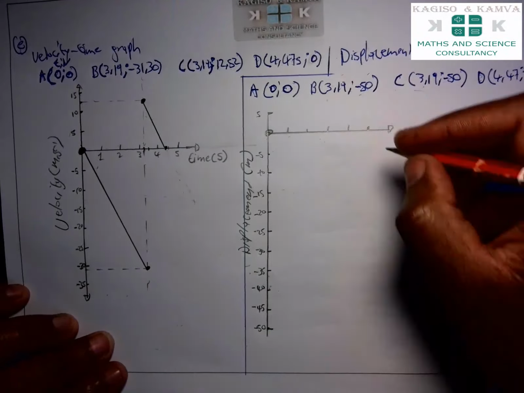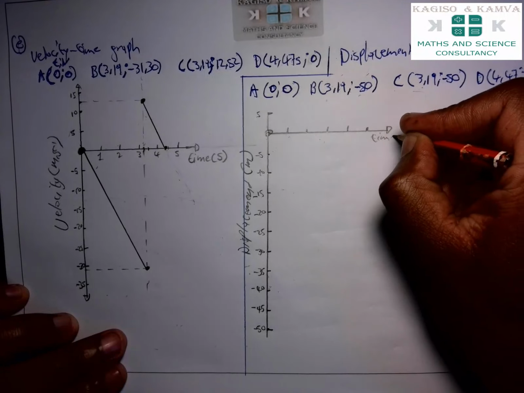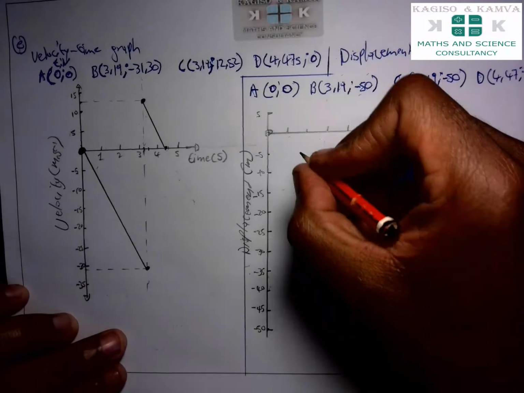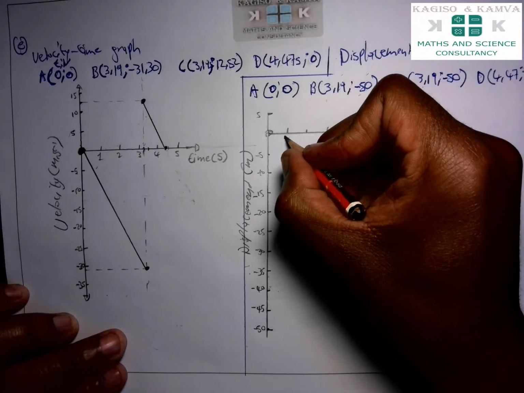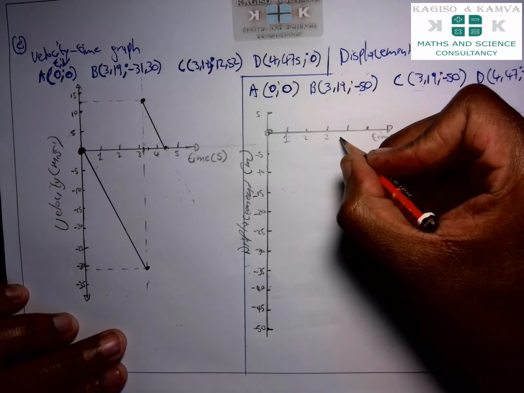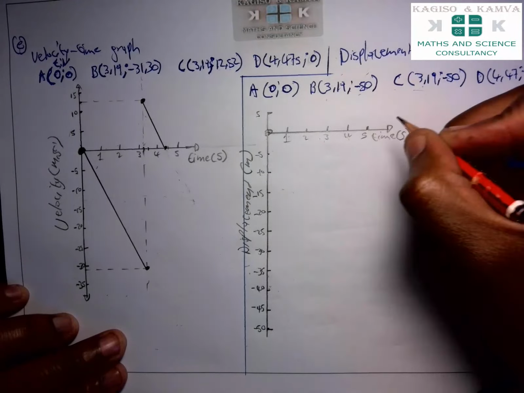In units of meters, and this is time in seconds. So that will be 1, 2, 3, 4, 5.